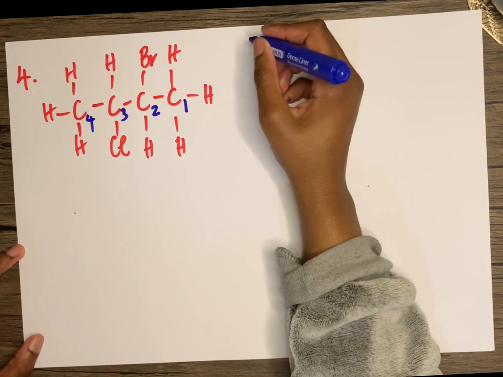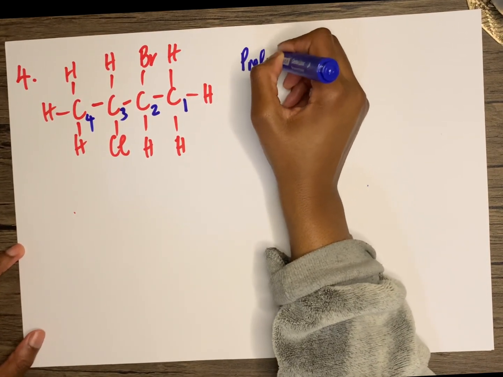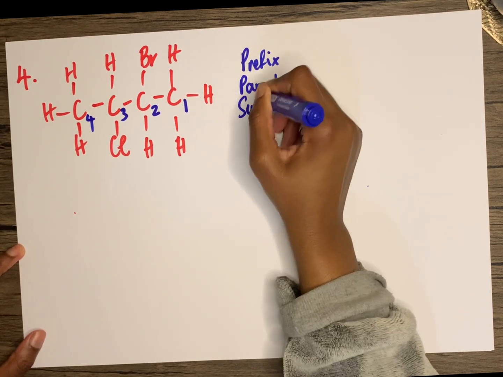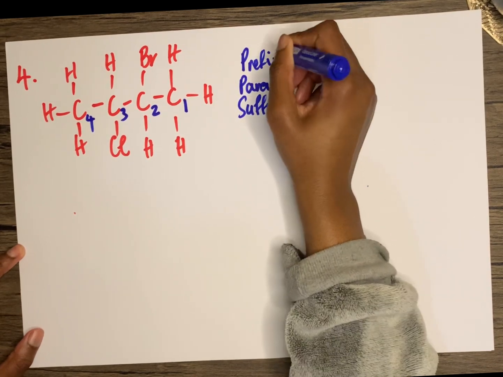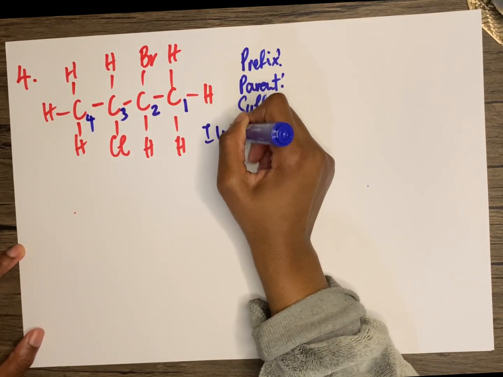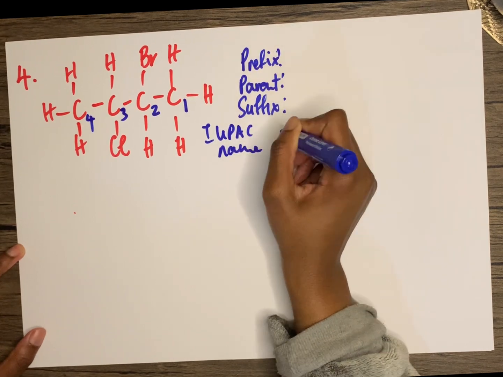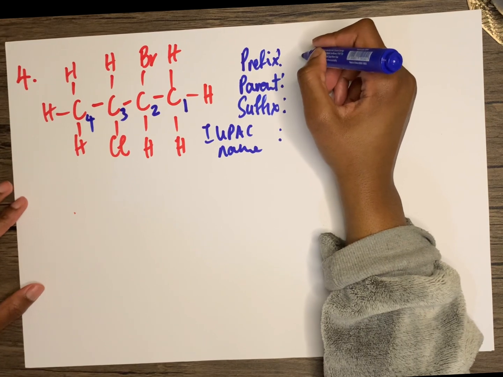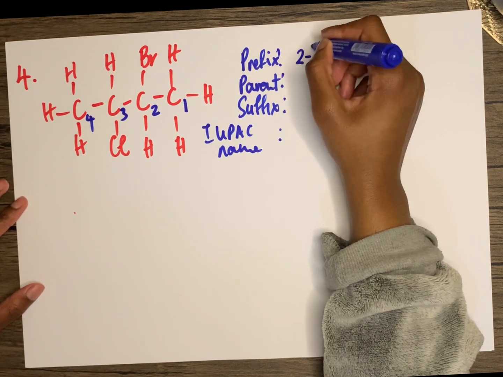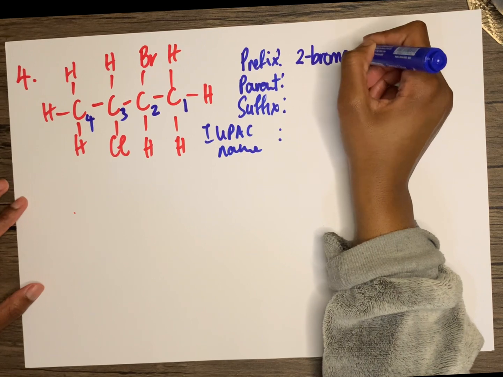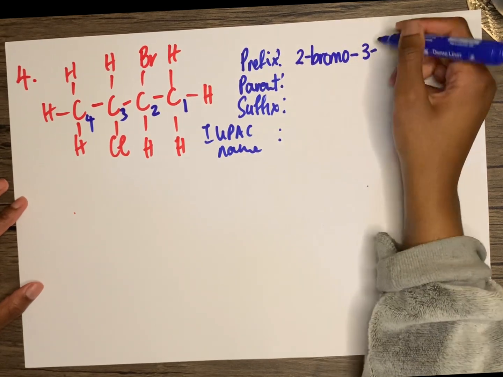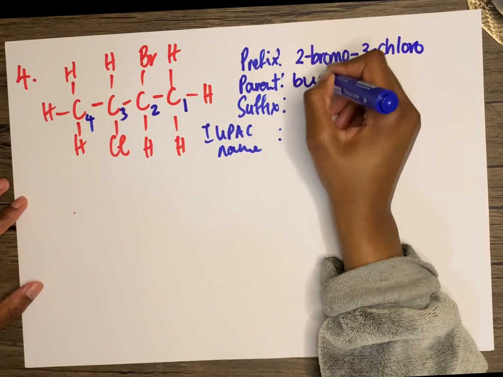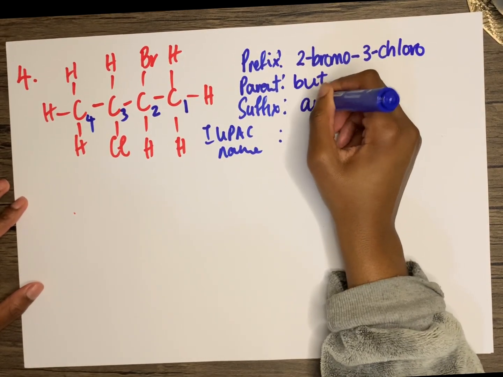Right? And then my name is a prefix, a parent, and a suffix. And then when I put it together, I must have an IUPAC name, right? So my prefix is 2-bromo-3-chloro, and then my parent is but, my suffix is ane.